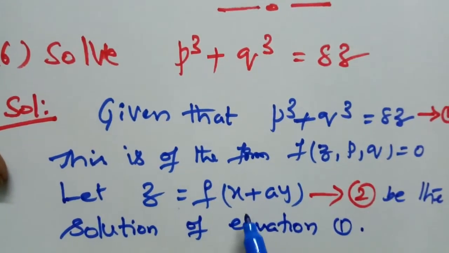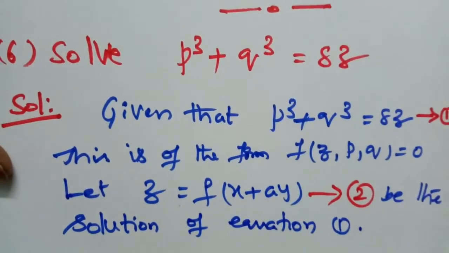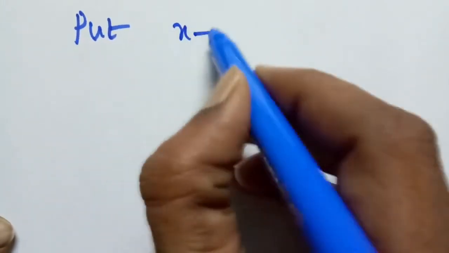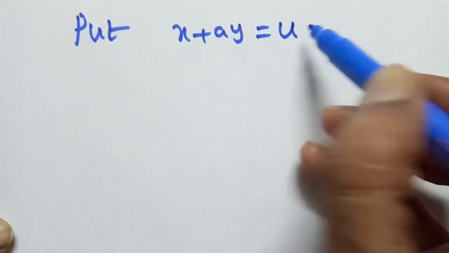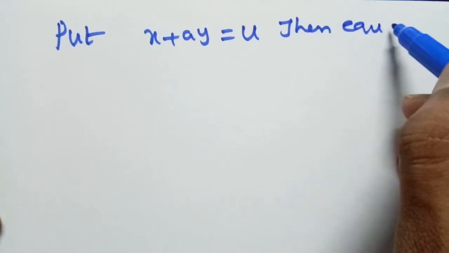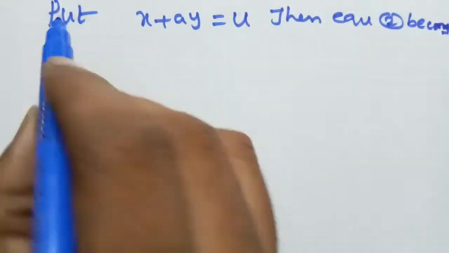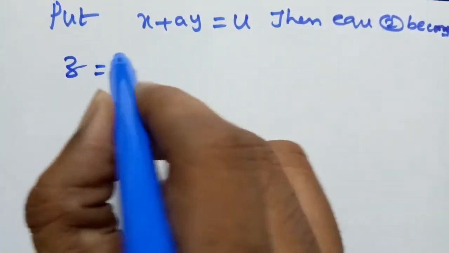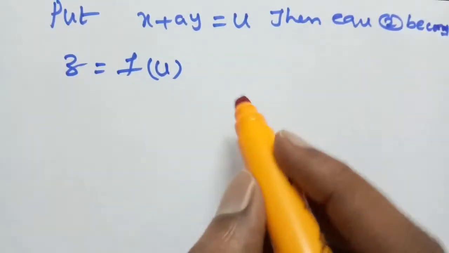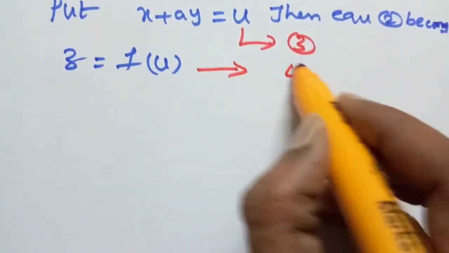Therefore, put x plus ay is equal to u, then equation 2 becomes z is equal to f of u. Say this is equation number 3, and u equal to x plus ay is equation number 4.